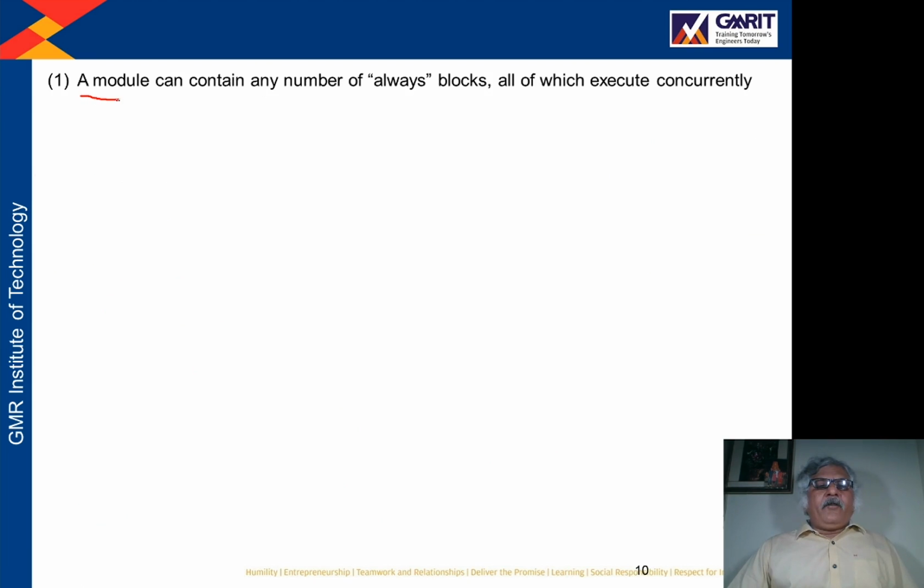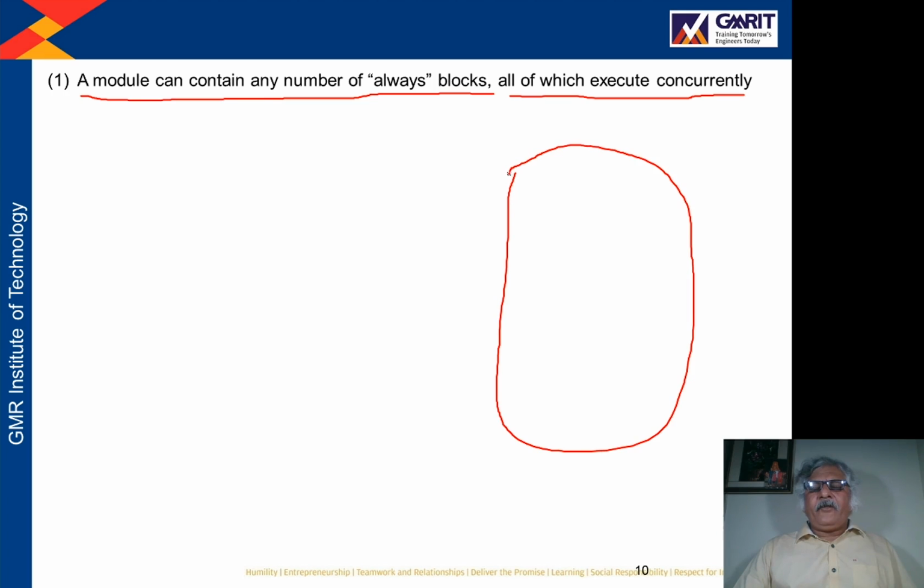Now a module can contain any number of always blocks. It is not limited to only one always block. You can write any number of always blocks, all of which execute concurrently. For example, suppose this is our hardware.